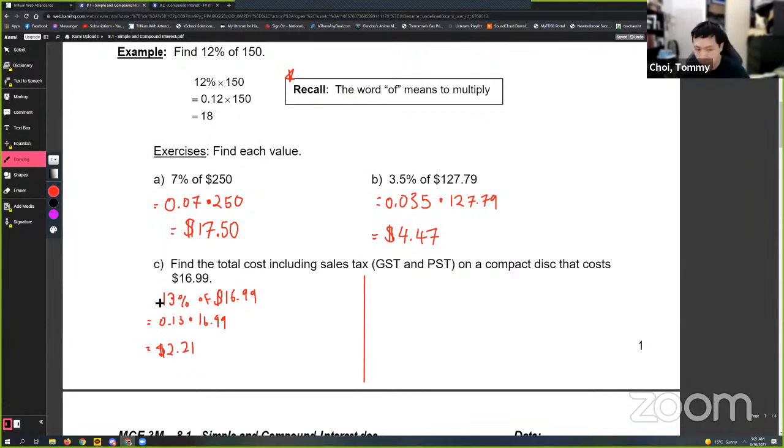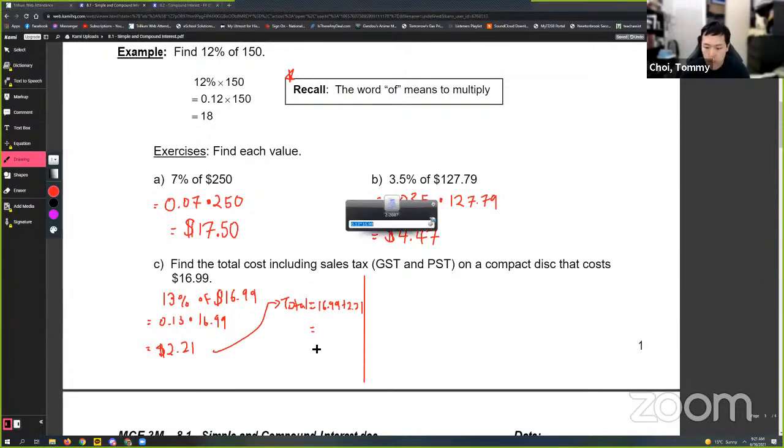Okay, $2.21. Then the total is going to be 16.99 plus 2.21 because we got to add to our cost, just like it does in real life. So then we're going to get $19.20. Right? So this is one way of doing it.